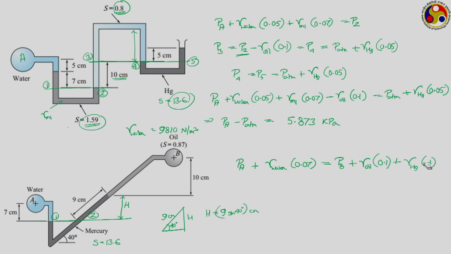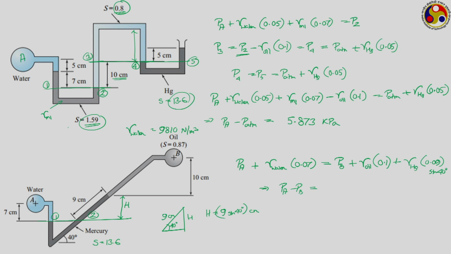So, if we replace this, then this becomes 0.09 sine of 40 degree. Putting this into the equation, you can get an expression of Pa minus Pb, and the final result will give you the pressure difference between these two tanks.